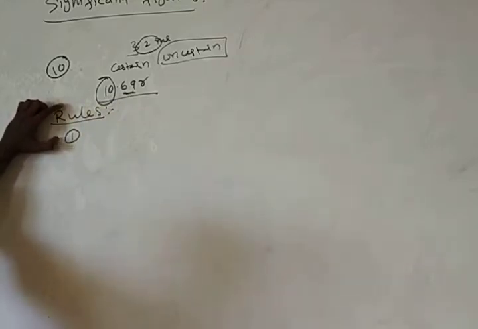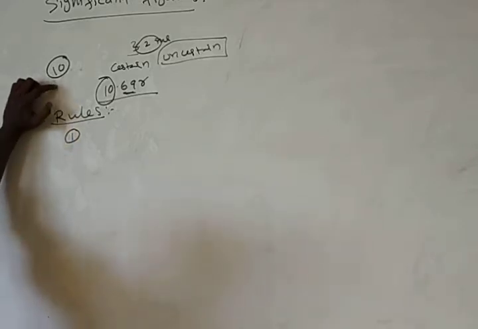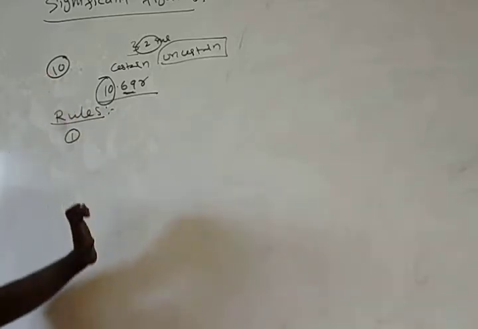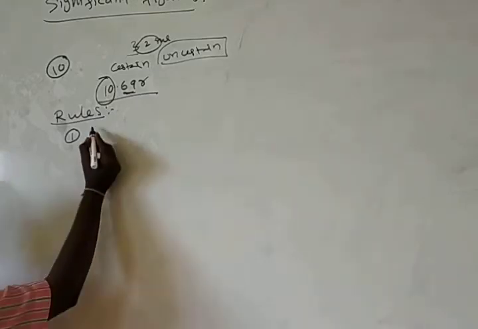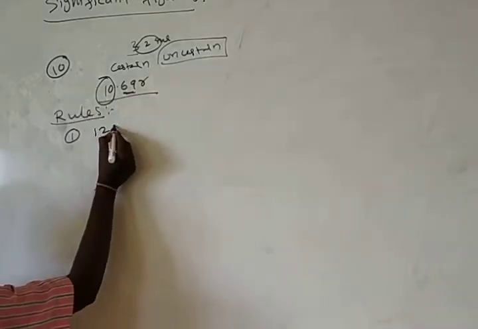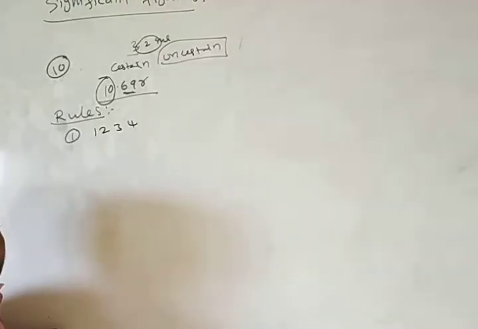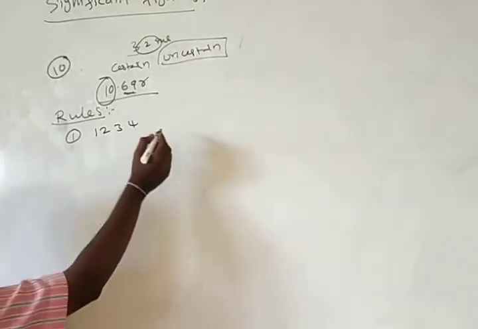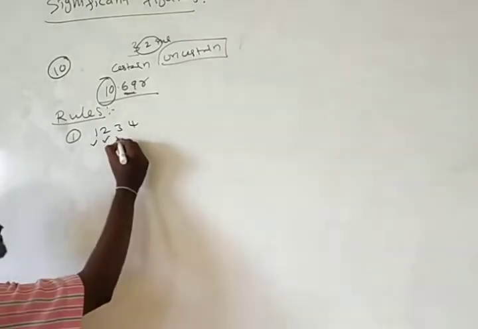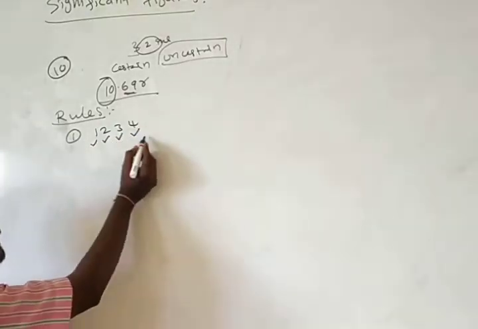Here in continuation we'll see the first rule. All non-zero digits, that means 1 to 9, are simply considered significant figures. Suppose 1, 2, 3, 4 is here. These are all non-zero digits. How many significant figures are there?